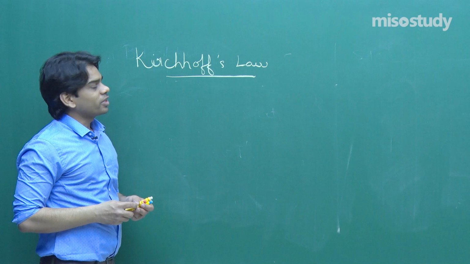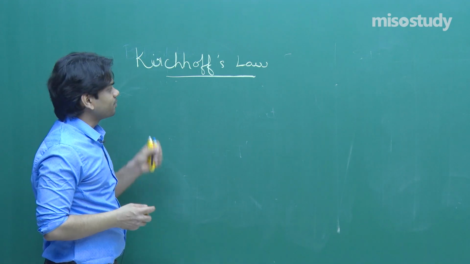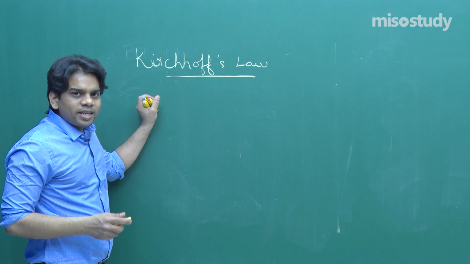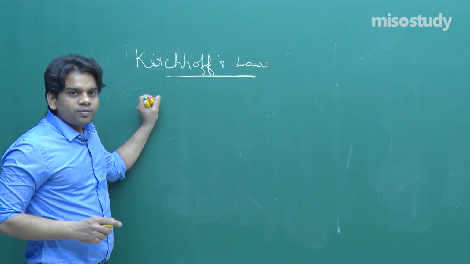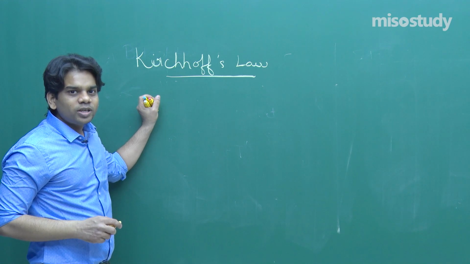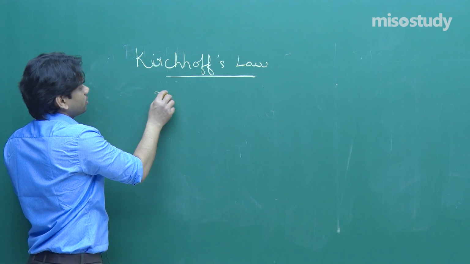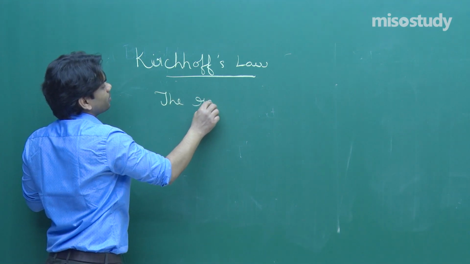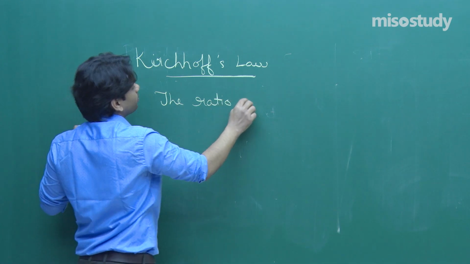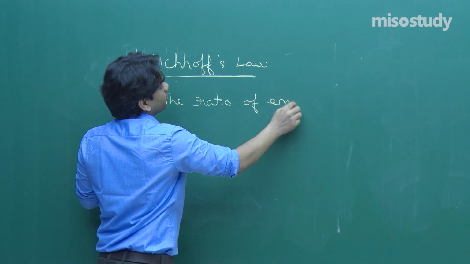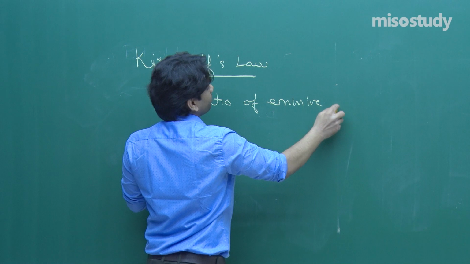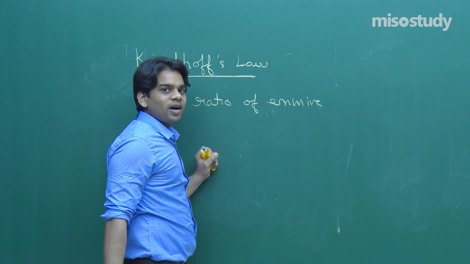But let me tell you about Kirchhoff's law used in radiation. First of all, it says that the ratio of emissive power to absorptive power is the same for every body at a given temperature, and that is equal to the emissive power of a black body.